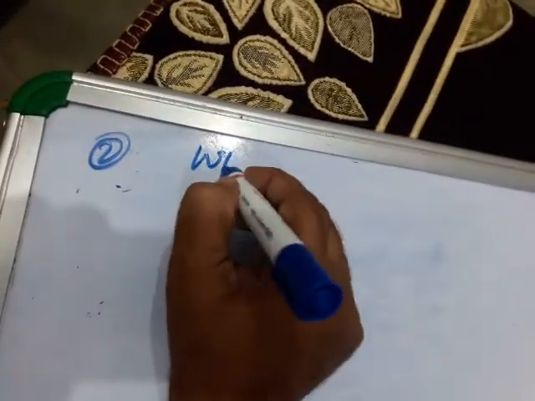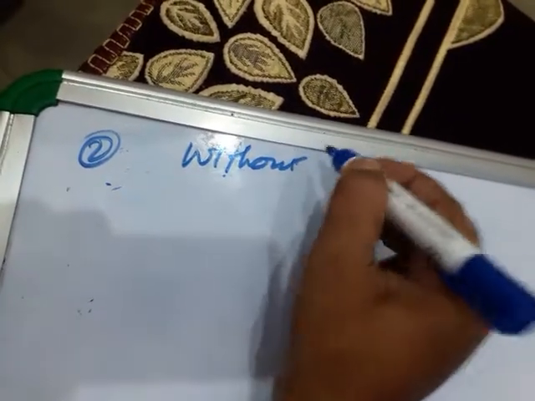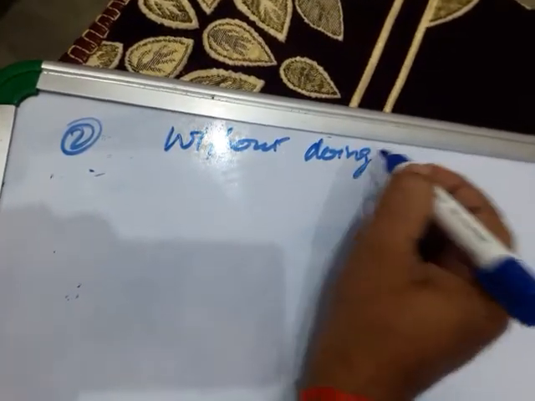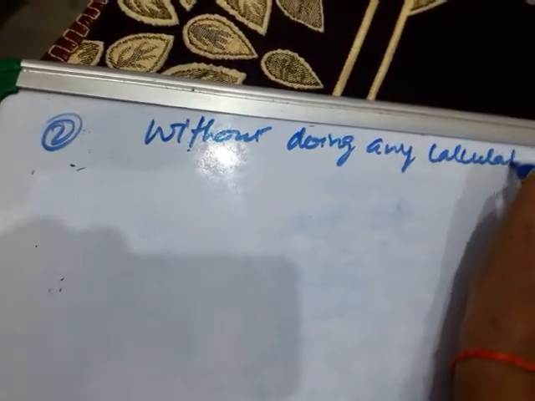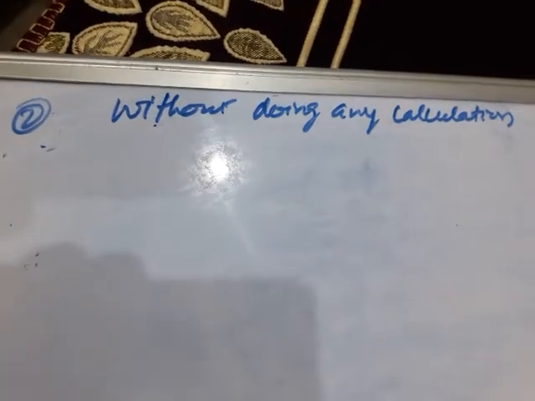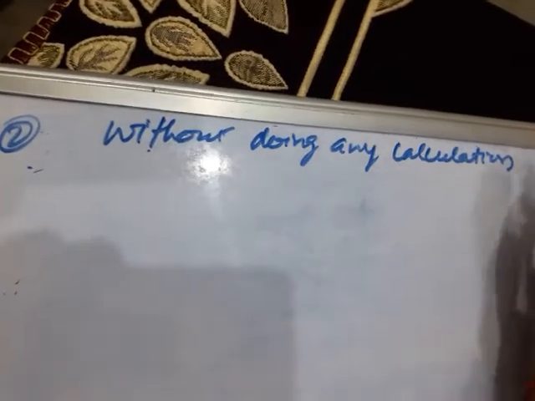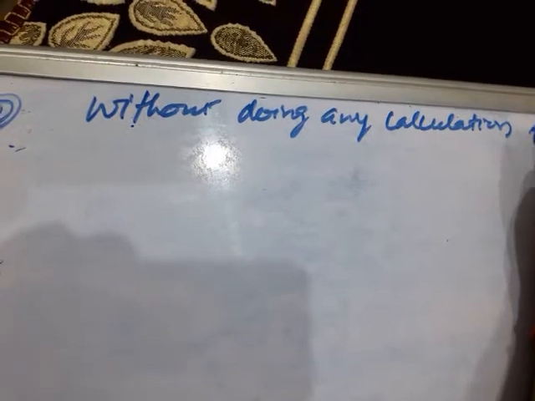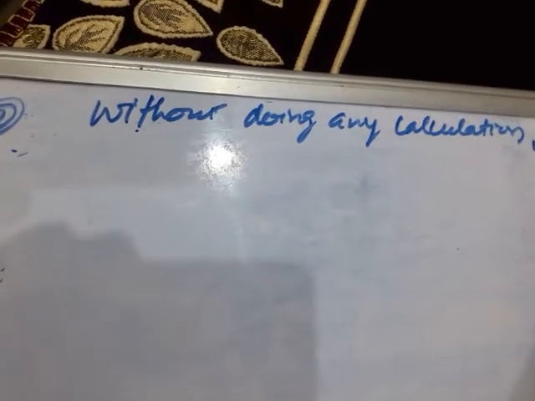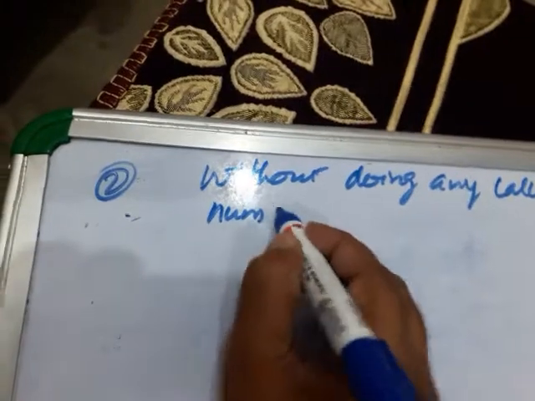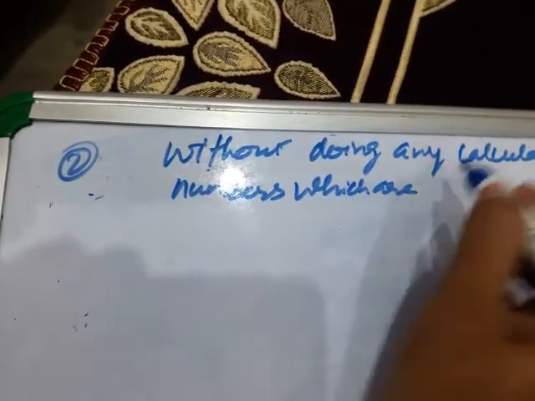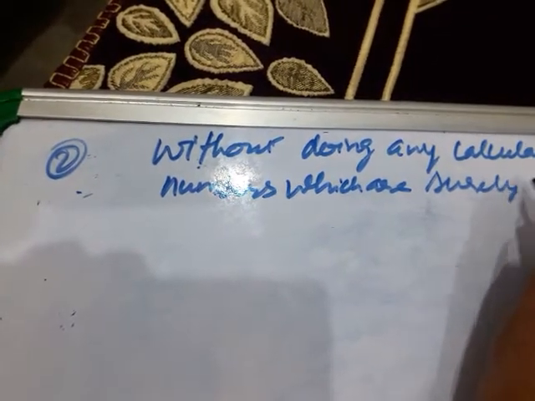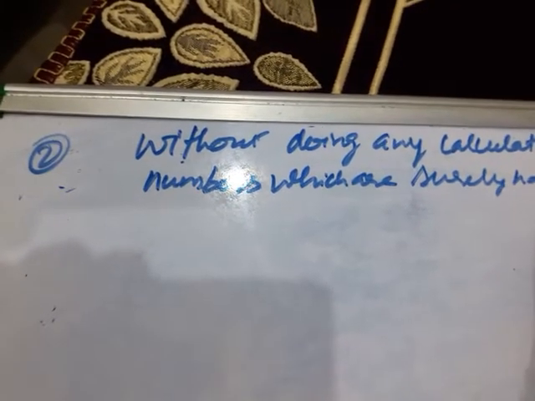Without doing any calculation, find the numbers which are surely not a perfect square.